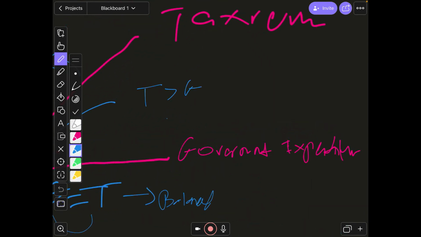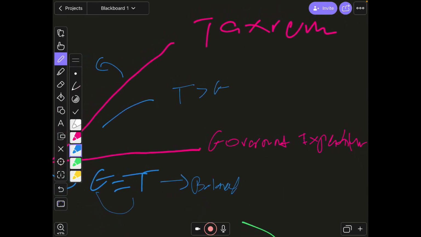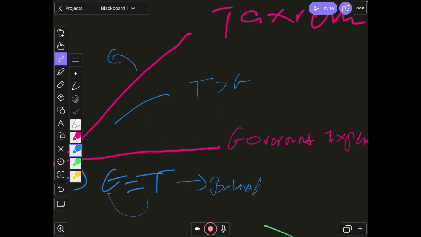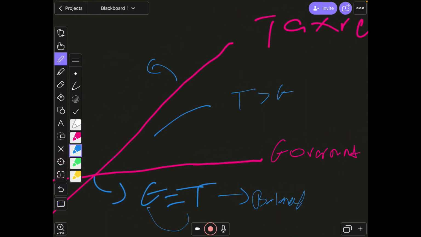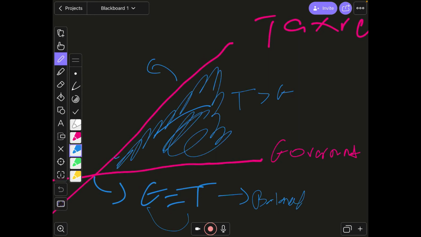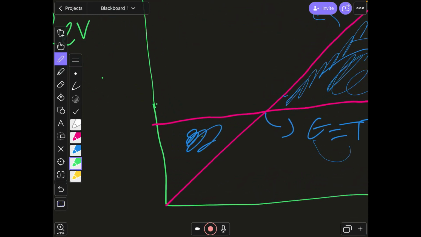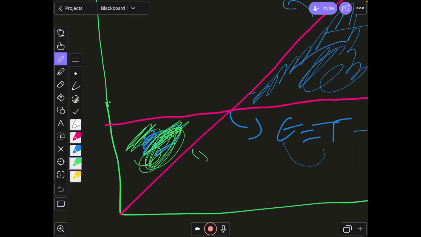T outstrips G, and so we end up with the budget surplus, obviously, because the tax revenue is greater than the government expenditure at this point. At any point after this balanced budget point, we have a surplus, and at any point before this balanced budget point, we have a lesser tax revenue, because it's below this part, right?